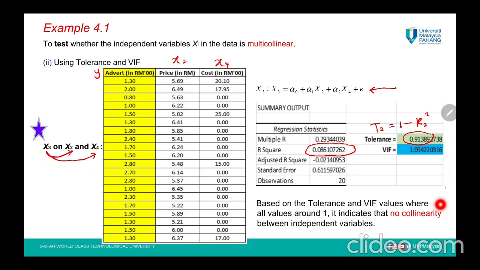And to calculate VIF, that is 1 over T2, we get the value 1.0942 at 4 decimal places. Based on the tolerance and VIF values, all values here are also around 1. This indicates that no collinearity exists between the independent variables.